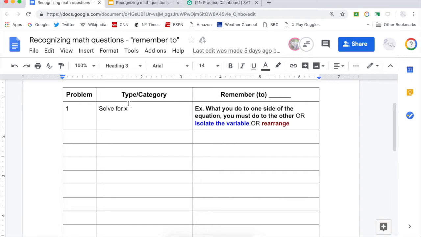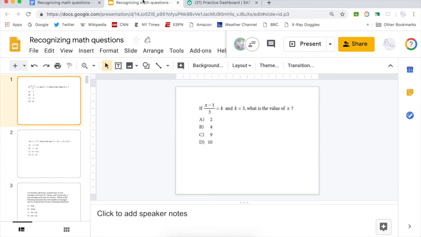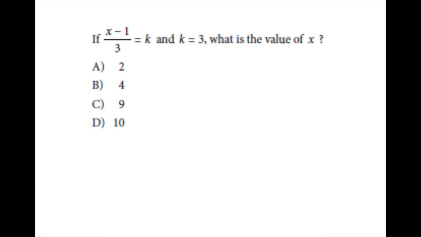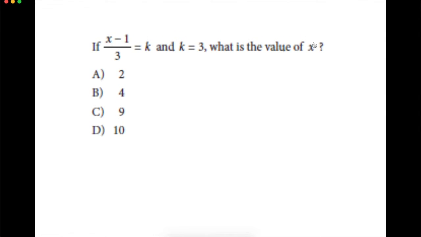Let's call this first one a Solve for X. And one thing we might remember to do is that what we do on one side of the equation, we have to do on the other. Or we might think about rearranging this problem. So these are all things that are fine to write in our chart. Again, the important thing is we're not surprised that this kind of problem is on the SAT, and we're remembering the strategy we'd apply.